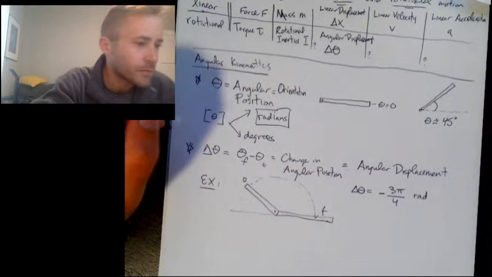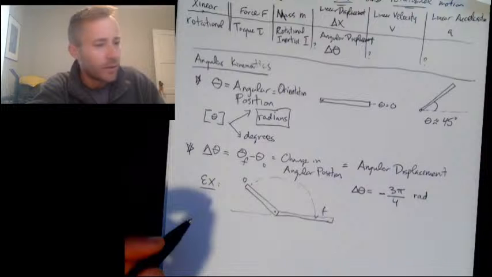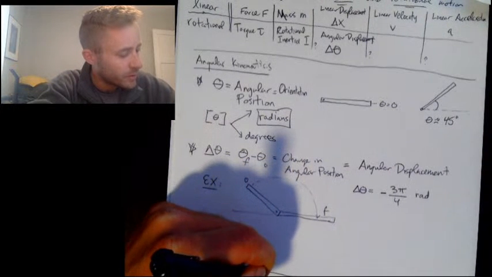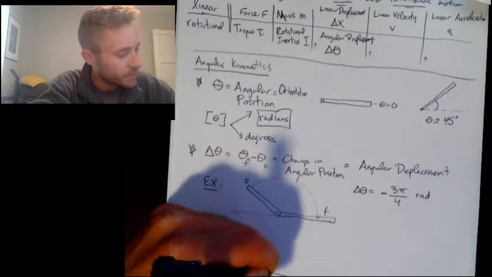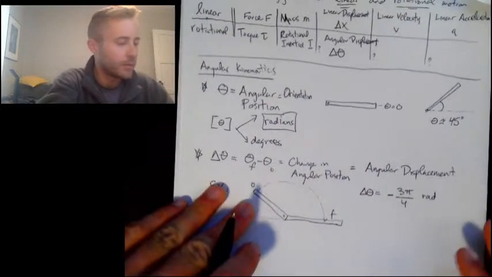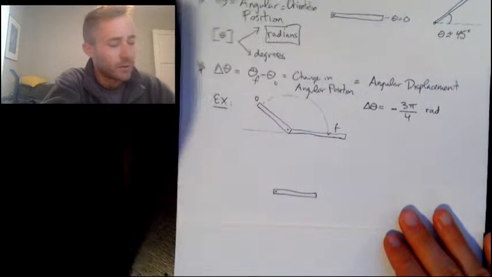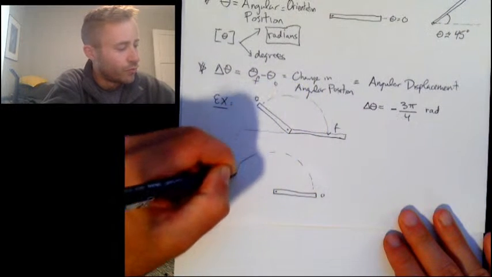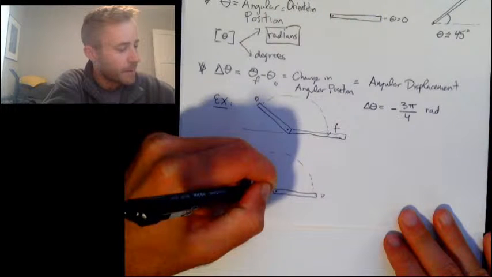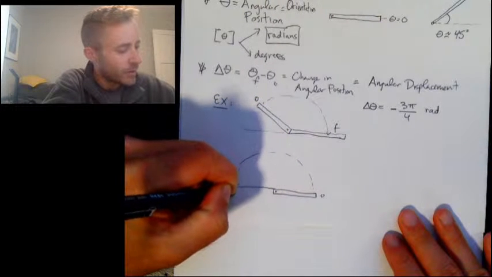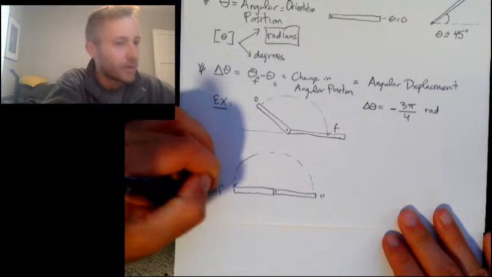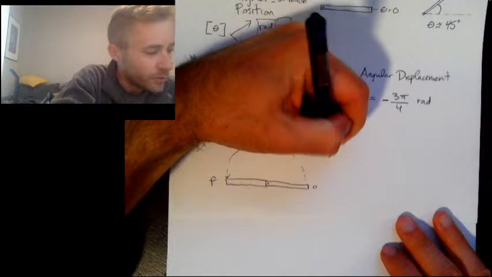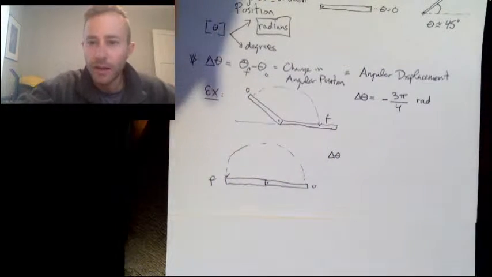As another example, we could talk about something that starts out here. Oops, you guys can't see that. Starts out here, there's its initial position, and it goes like that, and it ends up over there. Type it into the chat if you know the angular displacement in that case.